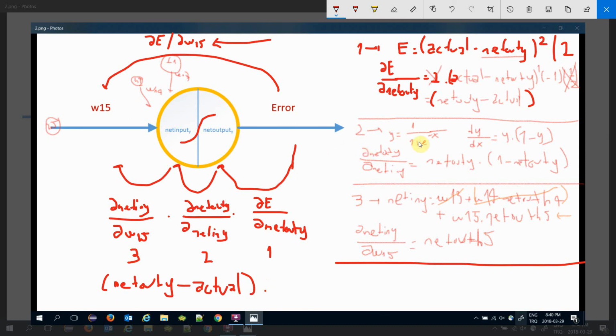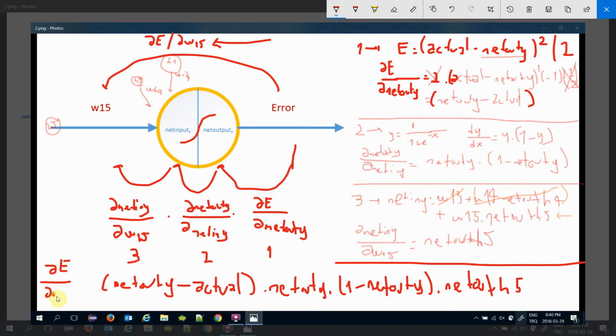Then number two's result would be net output Y times 1 minus net output Y, and times the result for equation 3, that would be net output H5. That would be the derivative of total error with respect to W15.